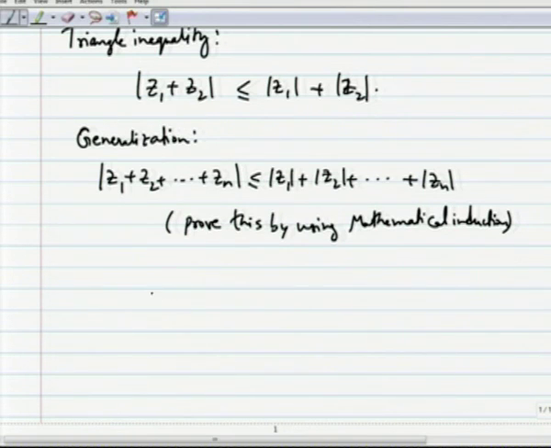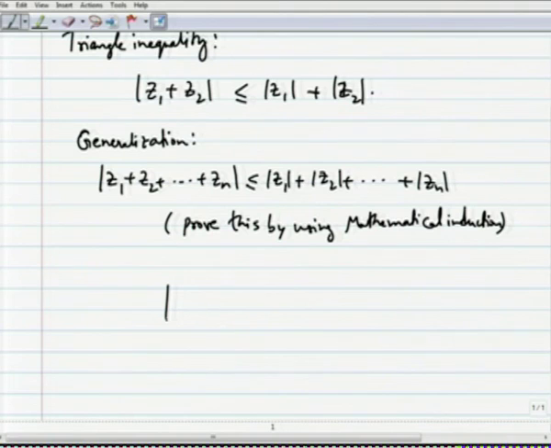So, the modulus of z 1, let us estimate this, is equal to the modulus of z 1 minus z 2 plus z 2.